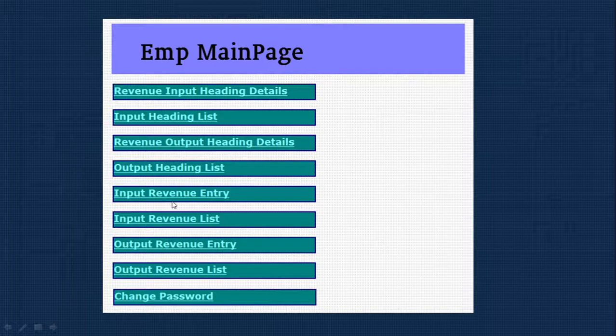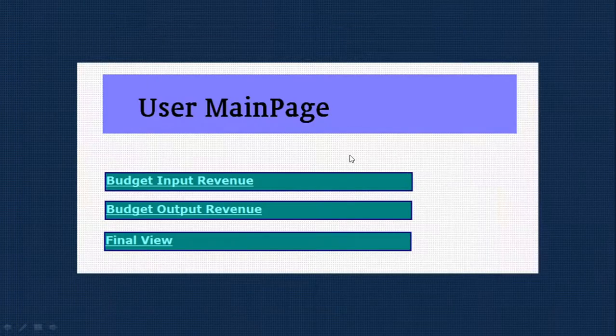If you take the RTO, then how much fee collection they can do. In the same way, for different departments, how much money they are able to collect in a particular year, you can enter. Then the output revenue: again for each department, how much money they require for the year. What projects they are running and how much money is required for the corresponding project can be entered in the output revenue. The employee can also change the password.